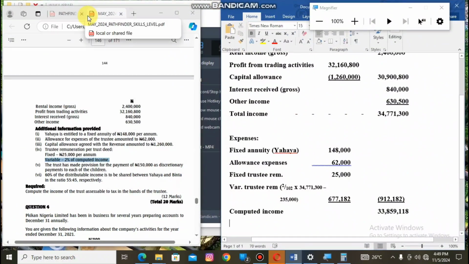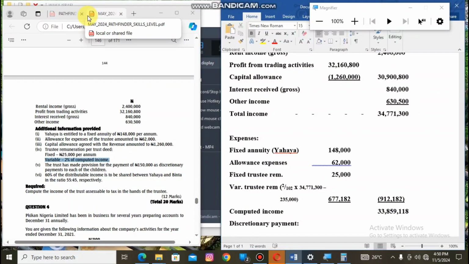That should always be the last thing. If there is maybe franked investment income like dividends, you deduct that from the income in the hands of the trustee at the end of the day, if there is any. But that should not be an expense to be offset here. In terms of expenses, many times it's the discretionary payment that is the last thing after your computed income.